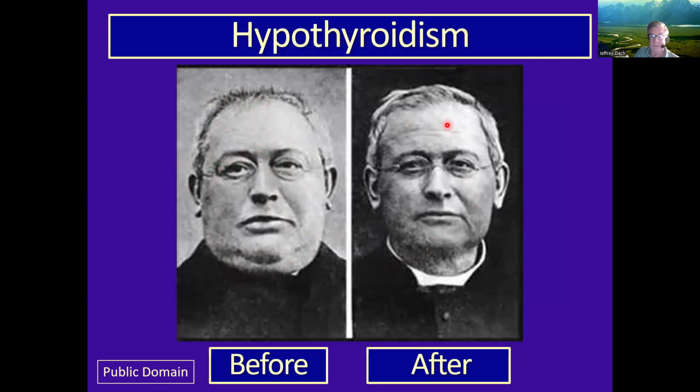After thyroid hormone treatment, we see transformation into a much younger appearance, with all this puffiness around the eyes disappearing, better definition of the chin and improvement in the hair quality, a much younger appearance with the use of thyroid hormone.